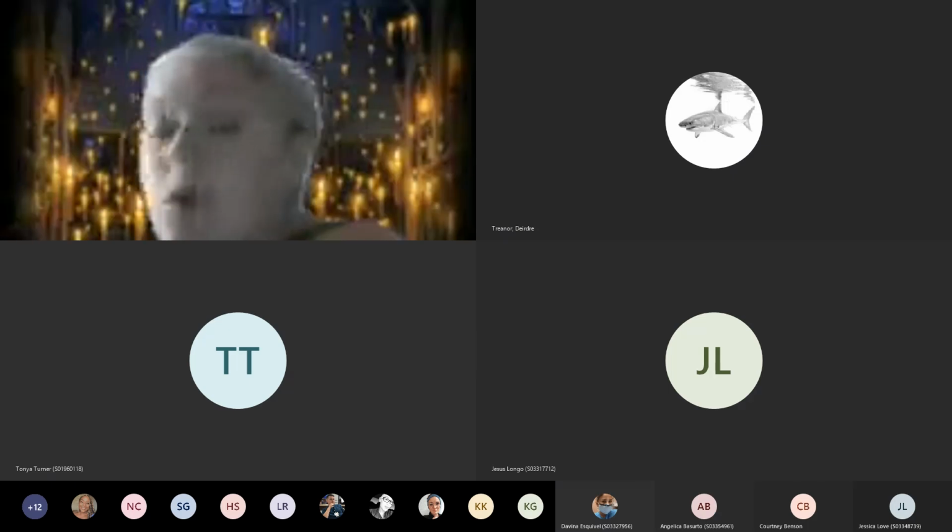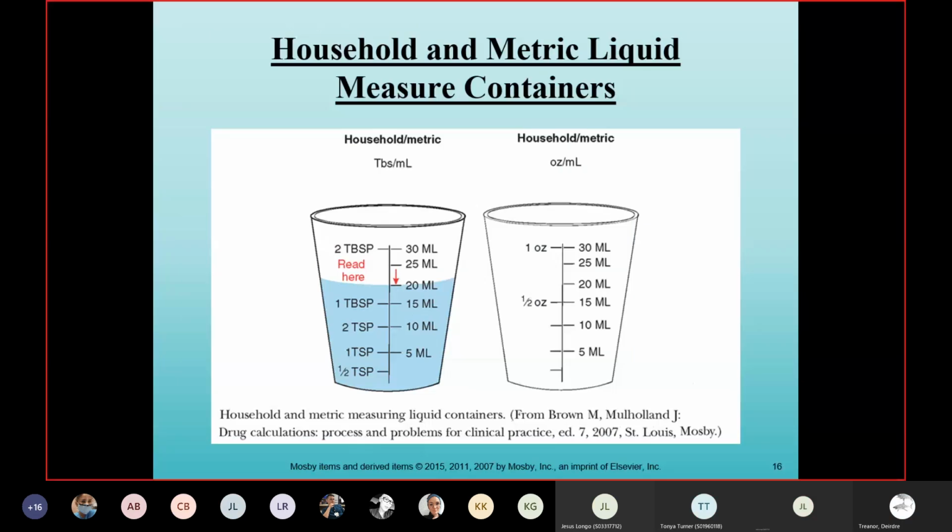So again, 1 teaspoon is equal to 5 milliliters. 1 tablespoon is equal to, I know, Natalie, 15 milliliters. So how many teaspoons in a tablespoon?